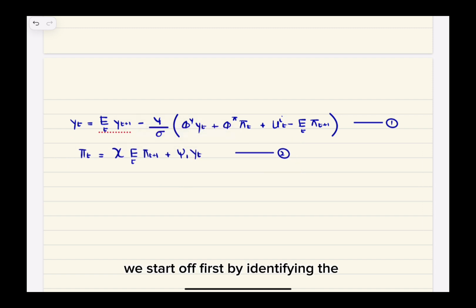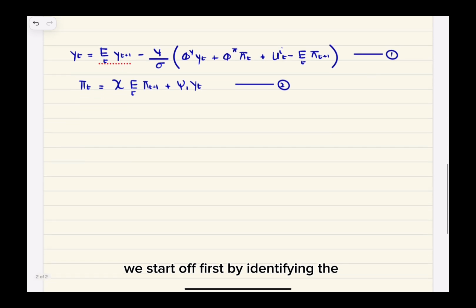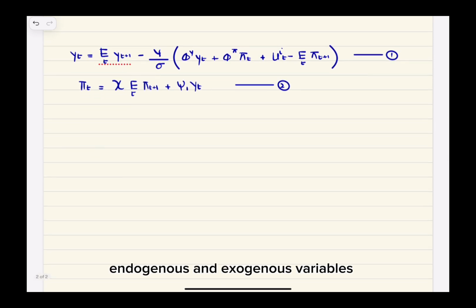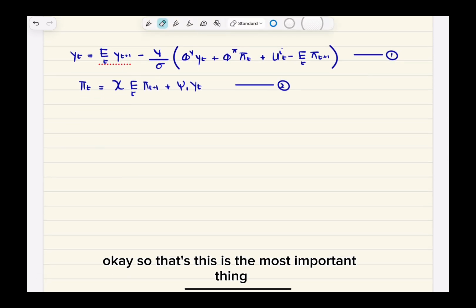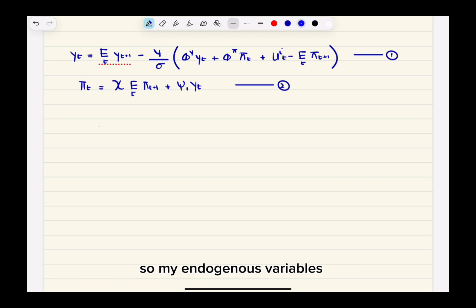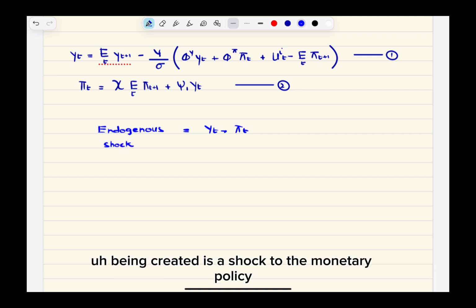Okay, so we start off first by identifying the endogenous and exogenous variables. This is the most important thing. So my endogenous variables in this system are output and inflation, and the shock that is being created is a shock to monetary policy.